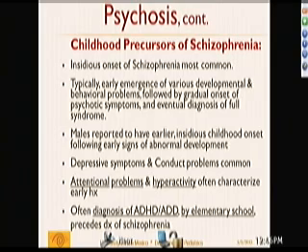Typically, there's an early emergence of various developmental and behavioral problems, followed by the gradual onset of psychotic symptoms. It can present initially with depression and conduct problems. But what we see is that many, if not almost all, of these youth have attentional problems and hyperactivity early on that leads to a diagnosis of ADHD by elementary school, preceding the diagnosis of schizophrenia.